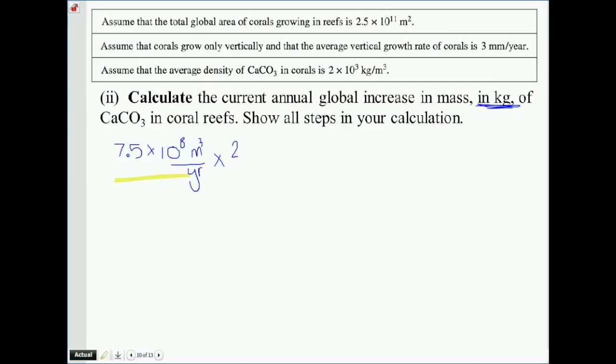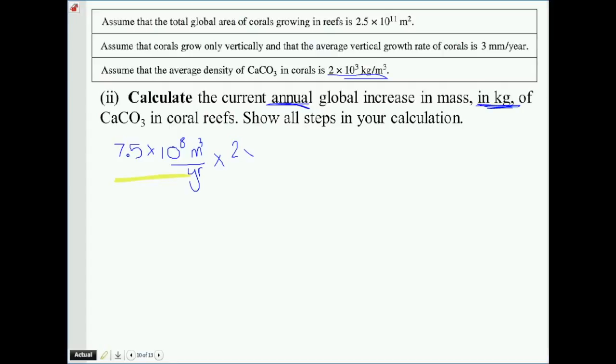So what I'm going to do is, I know that I need my answer in kilograms per year, right? Because it's annual. I have my meters cubed per year, and then I have this 2 times 10 to the 3 kilograms per meters cubed.